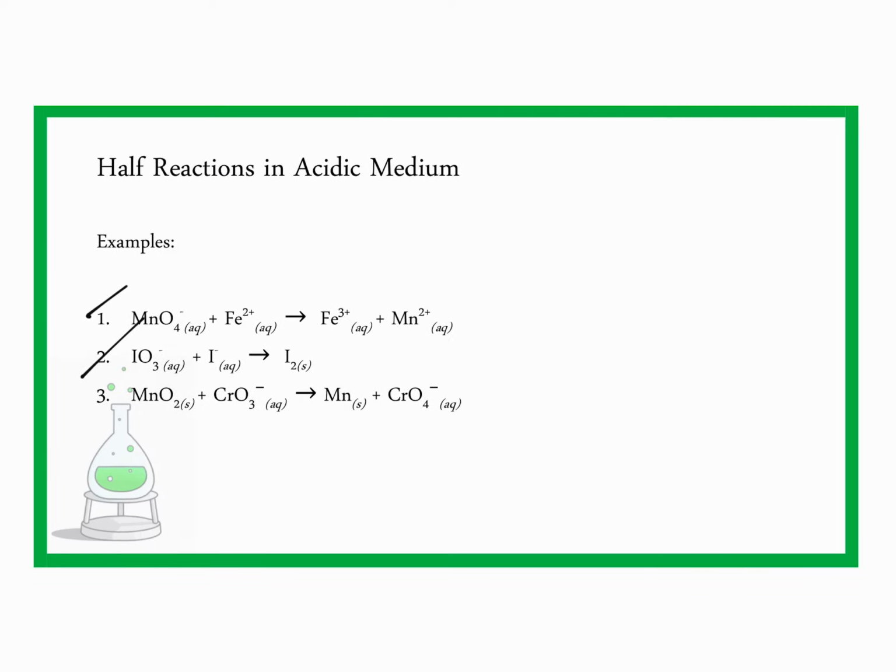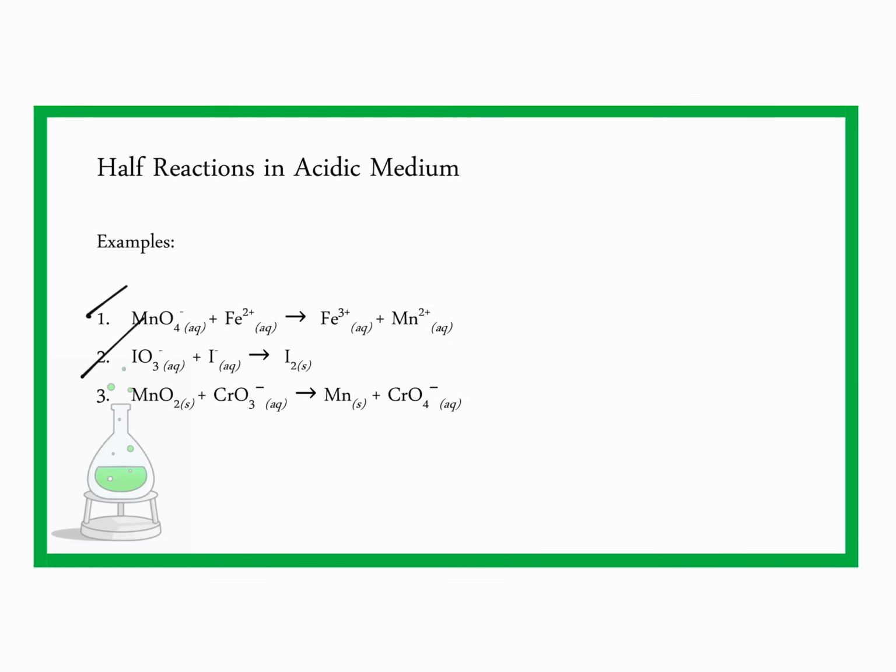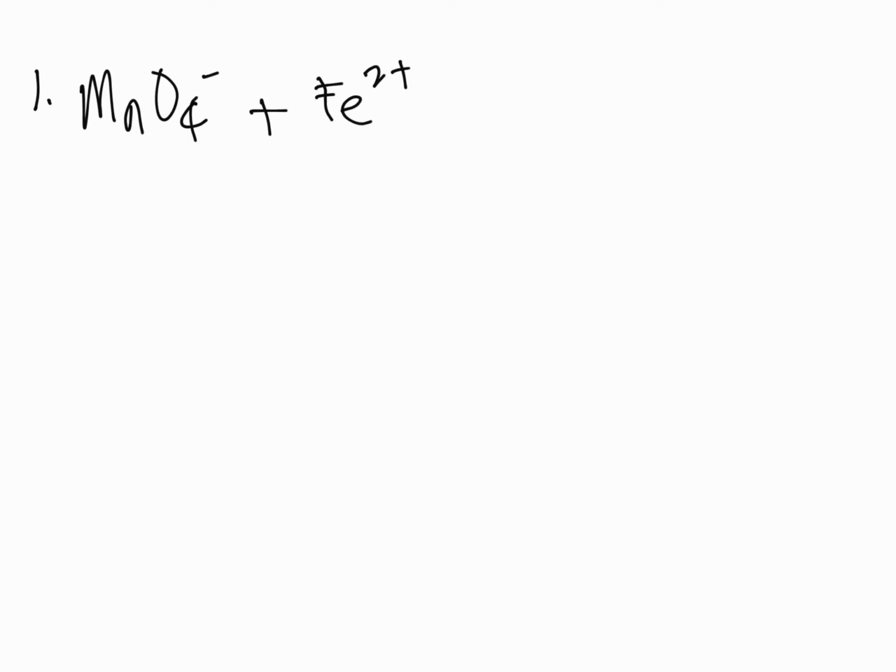So for number 1: MnO4 negative, Fe2 plus, these are your reactants, then the products Fe3 plus and Mn2 plus.